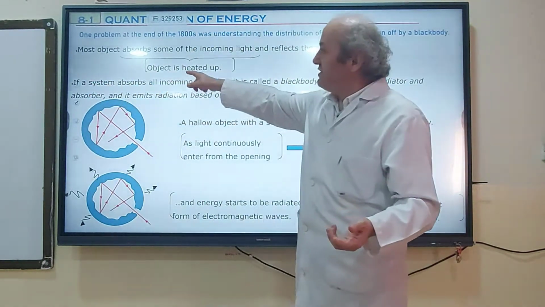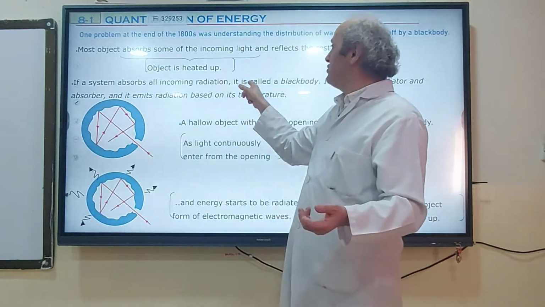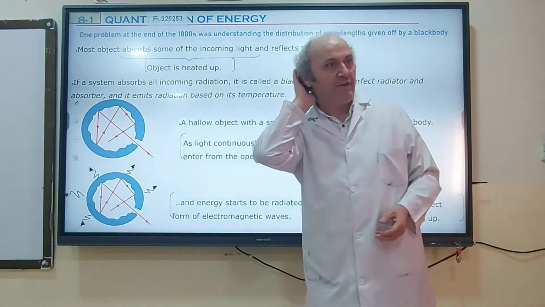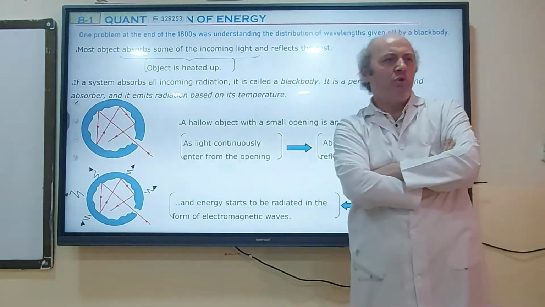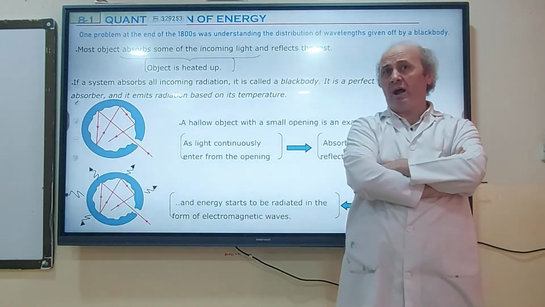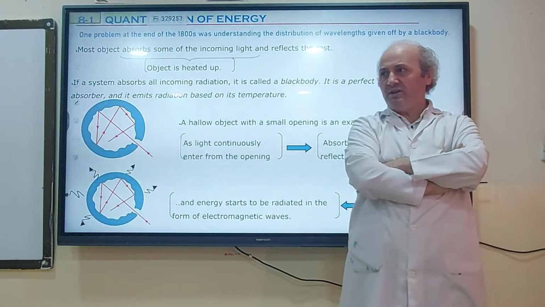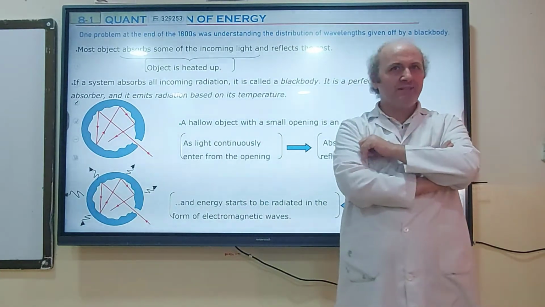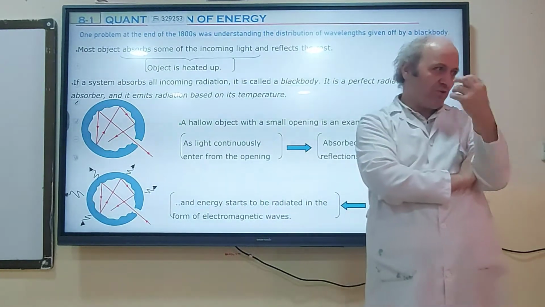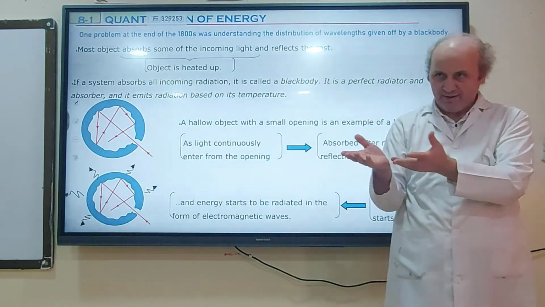If an object, a system, absorbs all incoming radiation, it's called a blackbody. In fact, no object in normal life can do that. Even a black cloud is not a blackbody. There is still reflection, so you can see it.